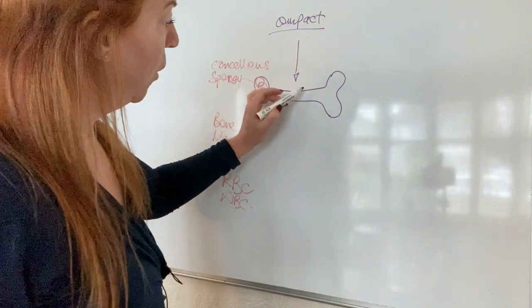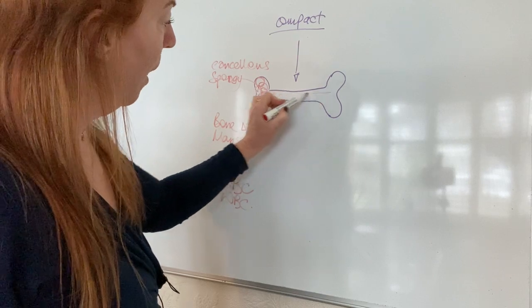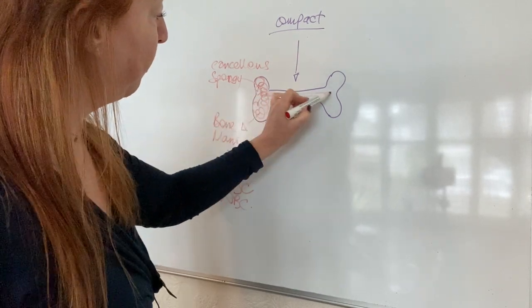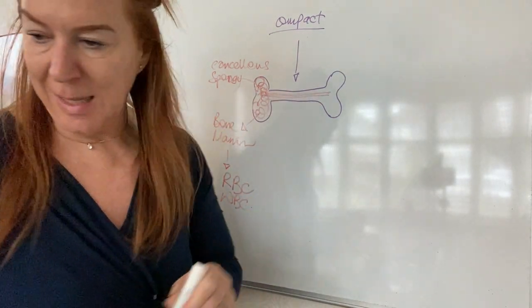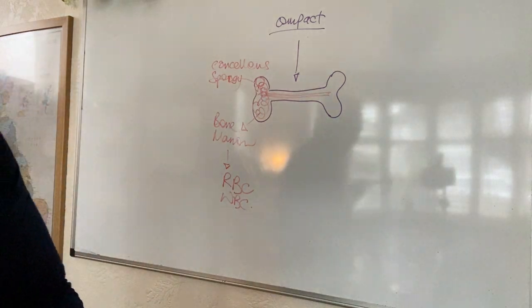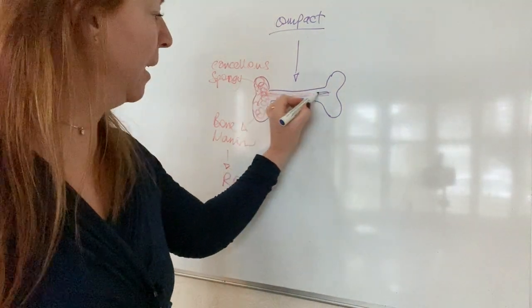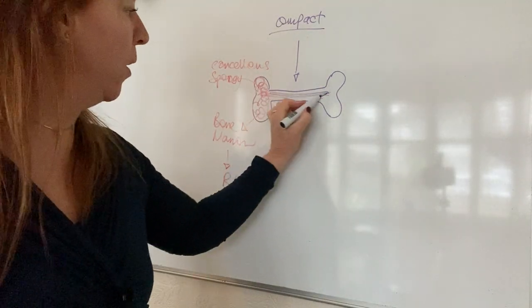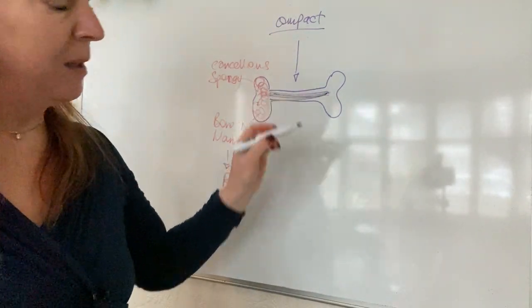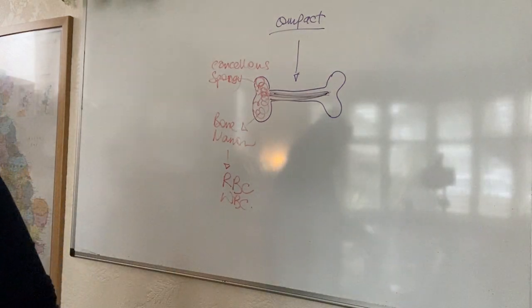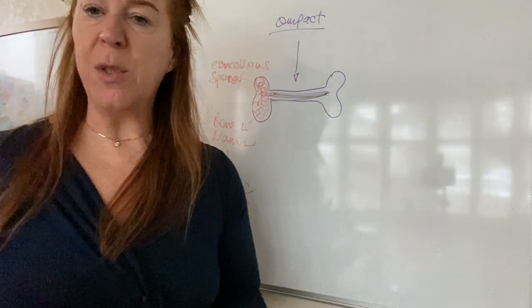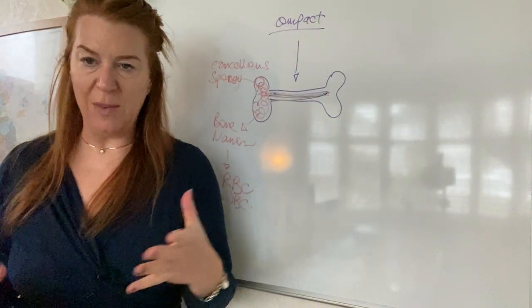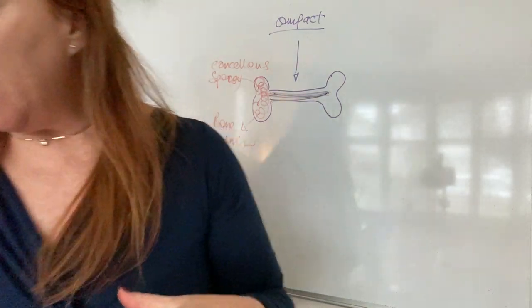If you were to look at a cross section of the bone, we've got a blood supply, so we've got arteries and veins within there, and there are nerves as well. You can have a look in all your manuals and books at a cross section of the inside of the bone.